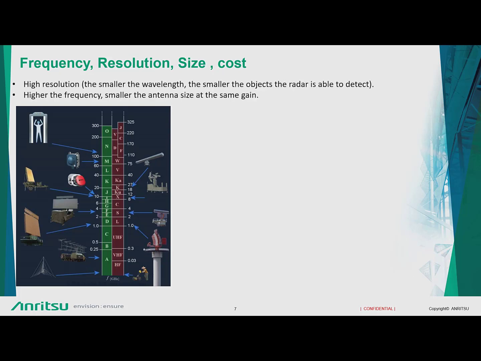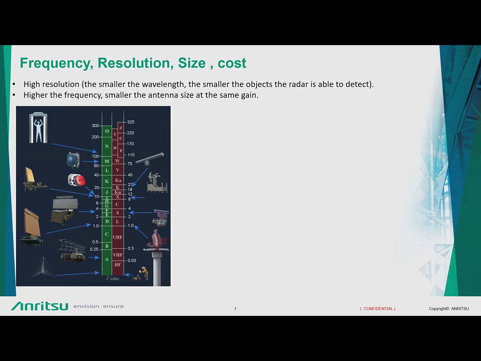If I want to compare the major parameters that I should keep in mind when I'm trying to design a radar: if I want really high resolution and my application is very short range, then the smaller the wavelength, the smaller the object the radar is able to detect. So the resolution is very high, and that's why high frequency radar systems are basically used for imaging or close communication.